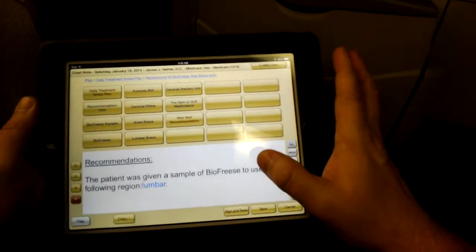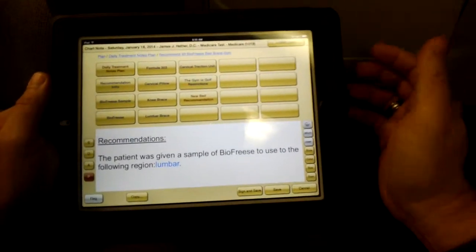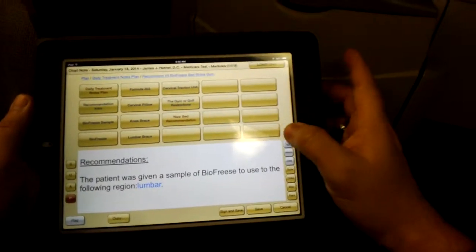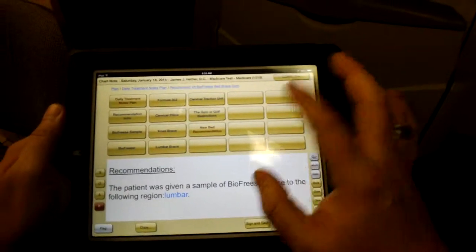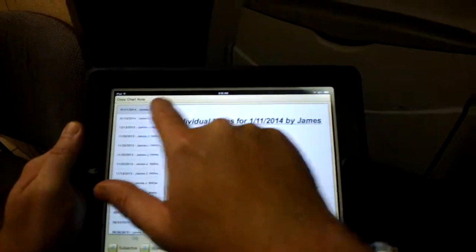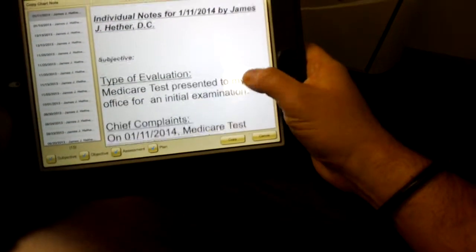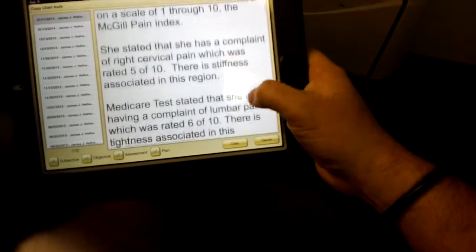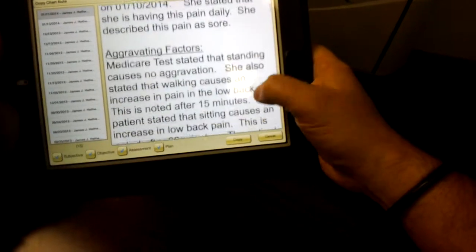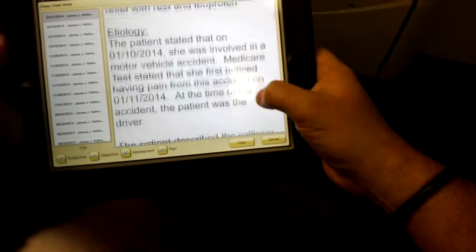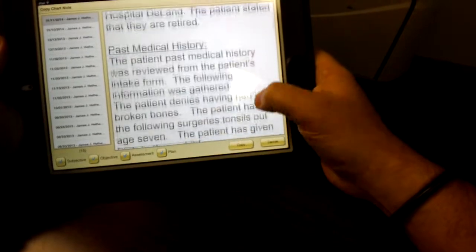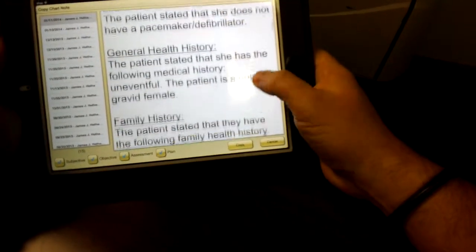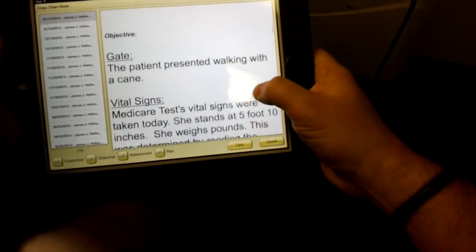From there, we're going to go ahead and push save, and we can print out the evaluation report for the patient. If we go over to see what this looks like more, we can go under today's visit and just look at what it looks like. We have an evaluation, we have chief complaints, aggravating factors, palliative factors, past medical history in detail, general health, family history.